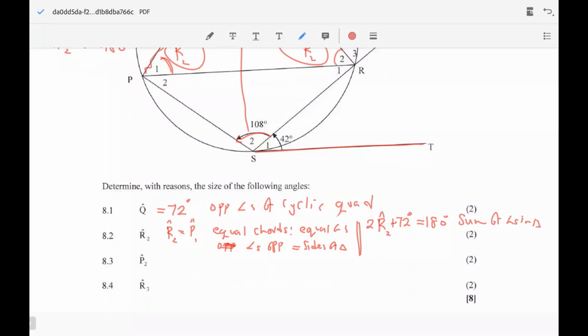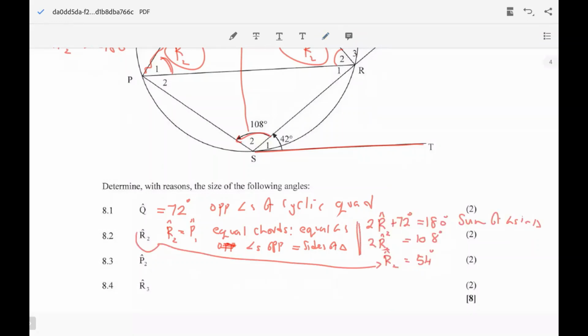Of course, you transpose the 72, this gives you 108, and when you divide by 2, definitely this gives you 54 degrees. So that's how we arrived at the value of R2.